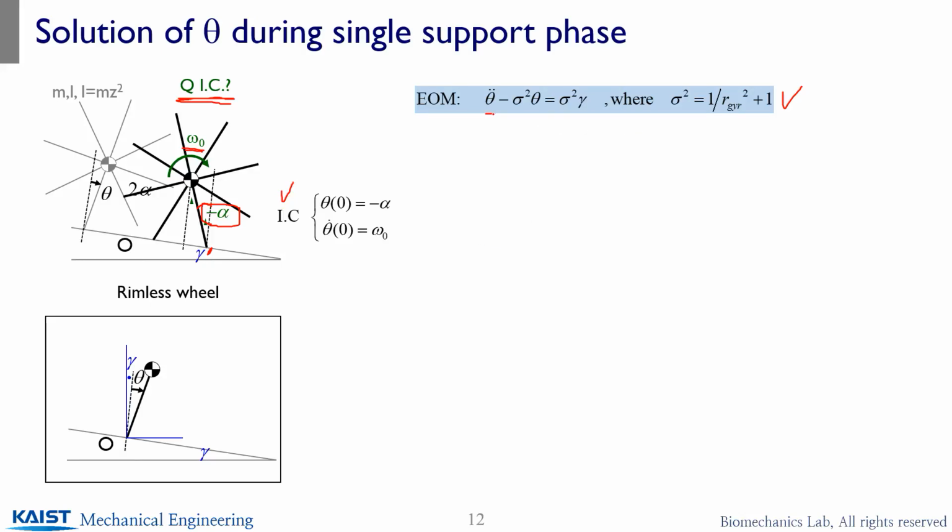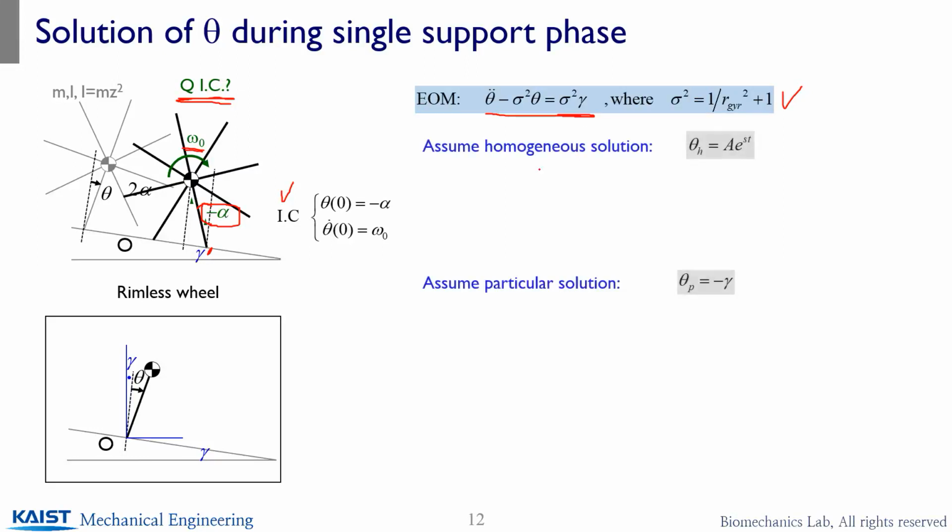If you look at this, this is a second order differential equation with excitation. So you will have a homogeneous solution and a particular solution, and the summation is the total solution. Homogeneous solution means there is no input here. So you can assume a typical exponential function as a solution.